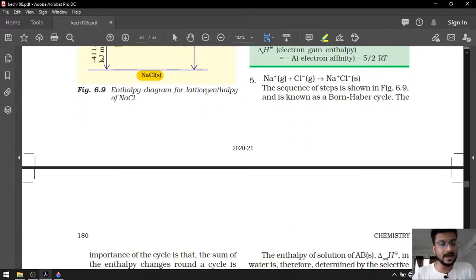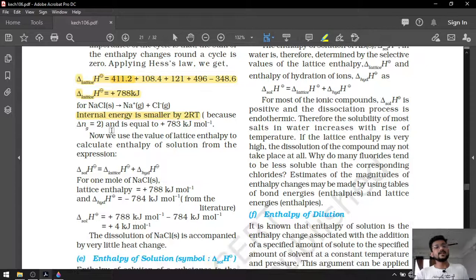So 2 RT. For internal energy delta U, we have the formula delta H equals delta U plus delta Ng RT, where delta Ng equals 2. So your enthalpy will be subtracted by 2 RT, that's why the internal energy will be equal to 783 kilojoule per mole.